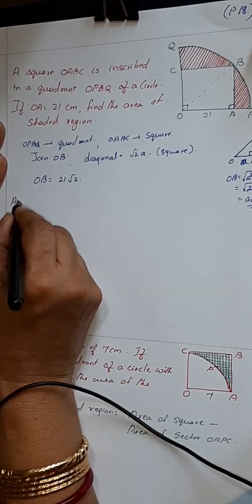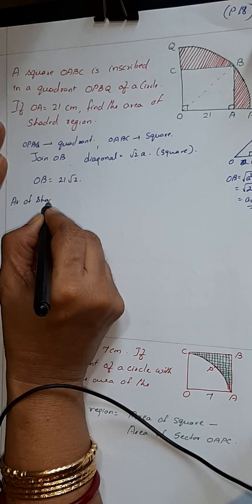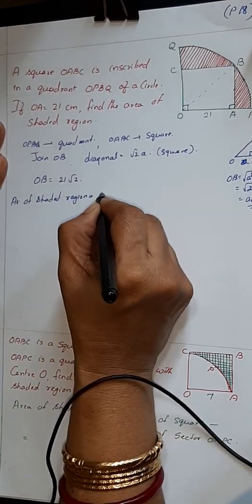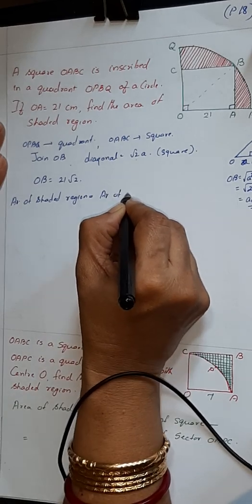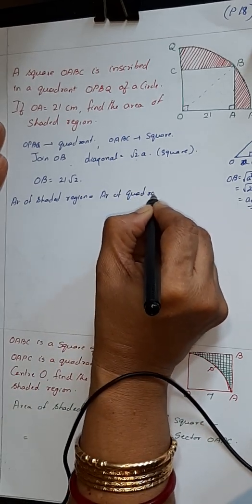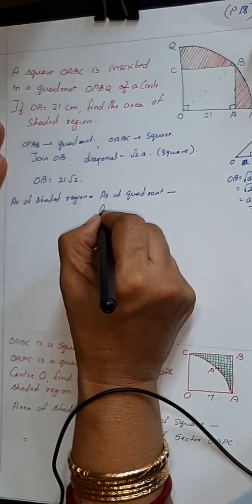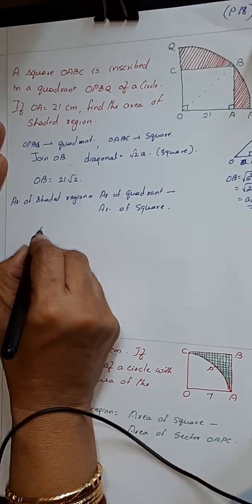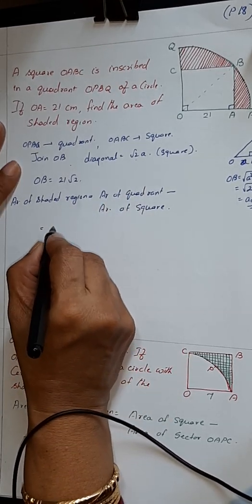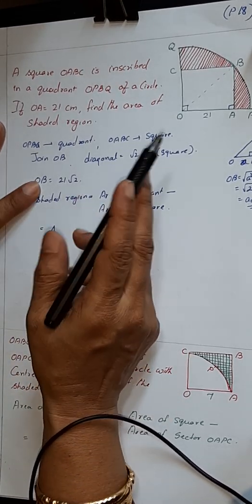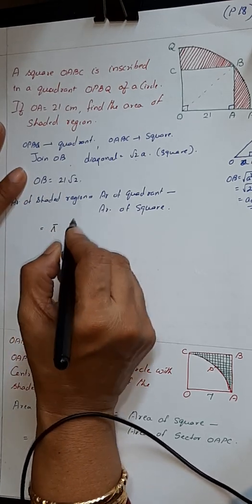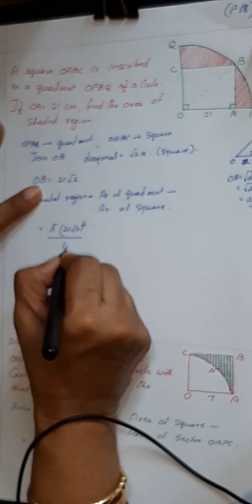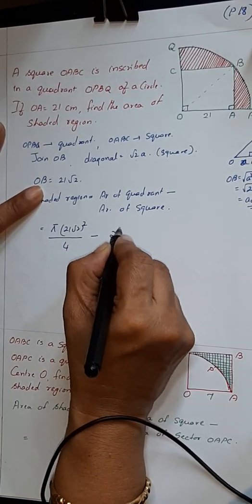So area of shaded portion is equal to area of quadrant minus area of square. So area of quadrant is equal to pi r squared by 4. So now OB is 21 root 2, so pi r squared is 21 root 2 the whole squared, by 4, minus area of the square, 21 squared.